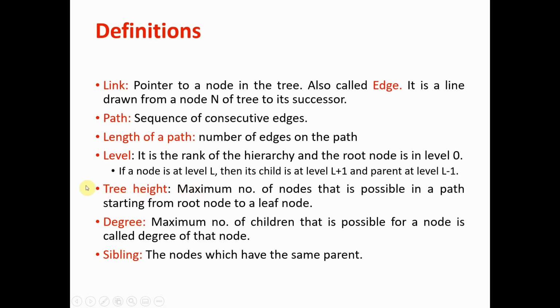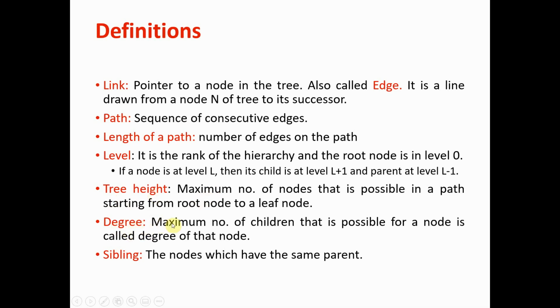We also have a concept of the height of a node that we're going to see later. We're going to discuss the tree height again, so just keep in mind that it's the length of the longest path from the root to a leaf. That's called the tree height.